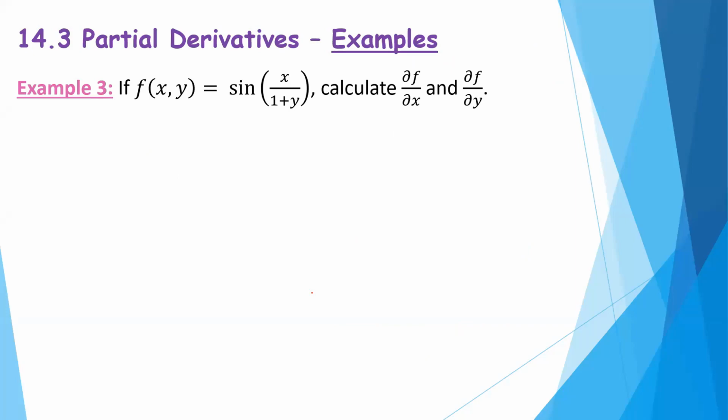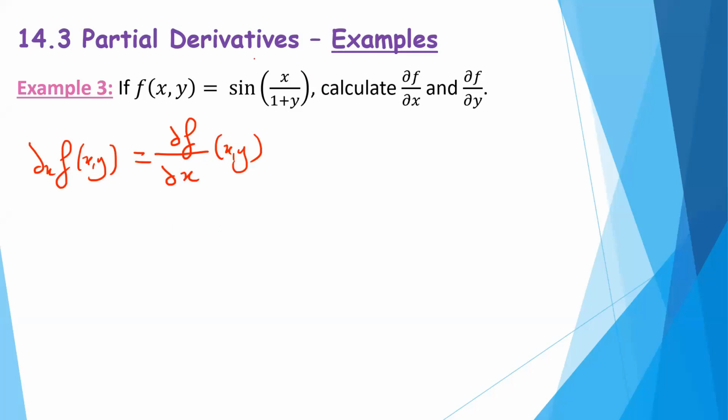So other examples, the function f, which is sine of x over 1 plus y, and we want to calculate dxf, or we can also use the round d. It's the same thing. It's another way to define the partial derivative with respect to x.